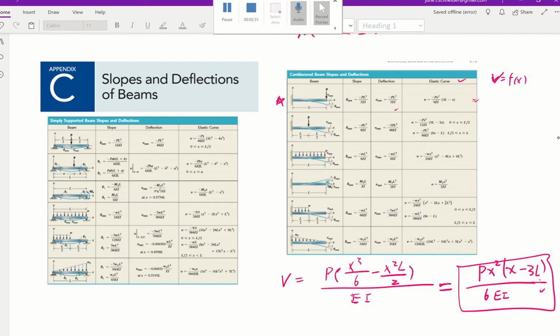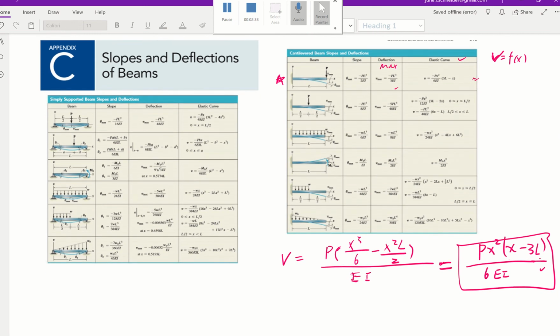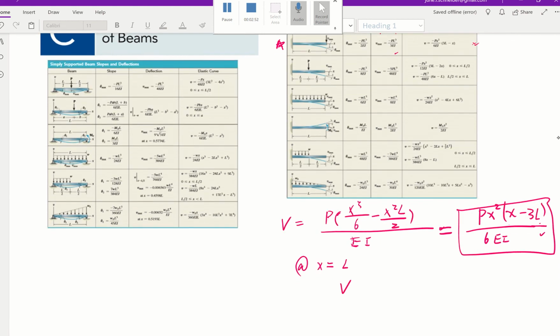Now let's look at another column. Over here, the deflection, this one lists the maximum. I know where the maximum occurs, right? For this particular problem, the maximum occurs when x is equal to the end of the beam, when x equals L. So when you put x equal to L, this v becomes v max, and we can put it in there, 6EI, and x is L, PL squared, and L minus 3L.